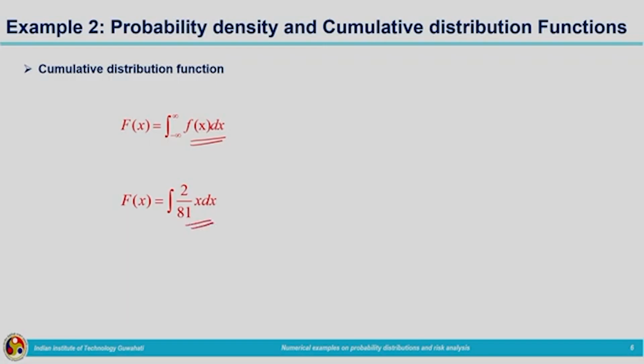When we integrate this, we will get f of x equal to x square divided by 81. The range of x is 0 to 9. You can substitute the values 0 and 9 here and get the corresponding value. It will come out to be capital F of x equal to 1.